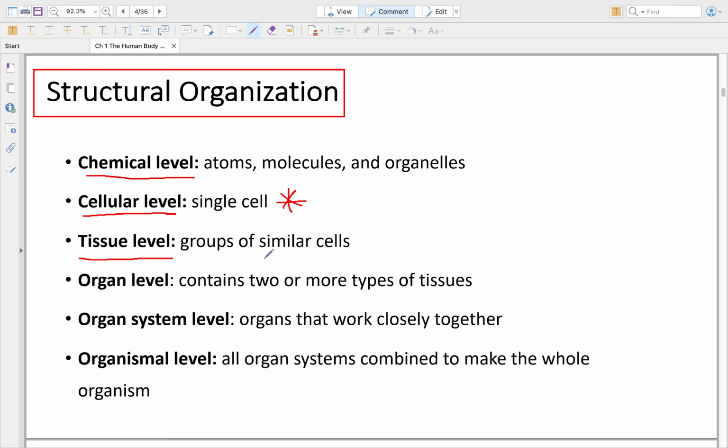It's just a group of cells that have the same function. Okay? Now, those tissues that we have, tissues that share the same function, will make up our organs. And sometimes we'll have more than one type of tissue making up one organ. Okay, so the organ level is going to be your kidneys, your heart, your brain, etc.